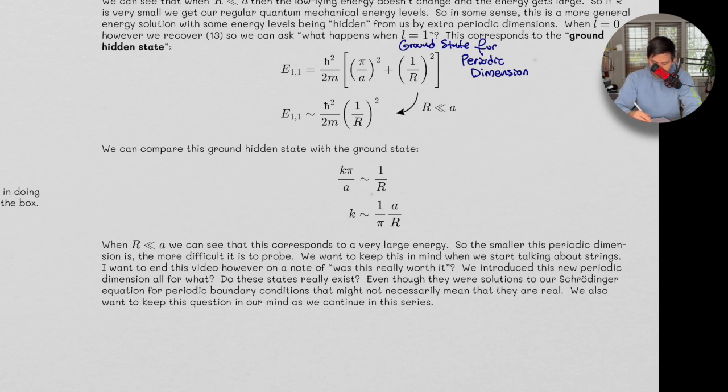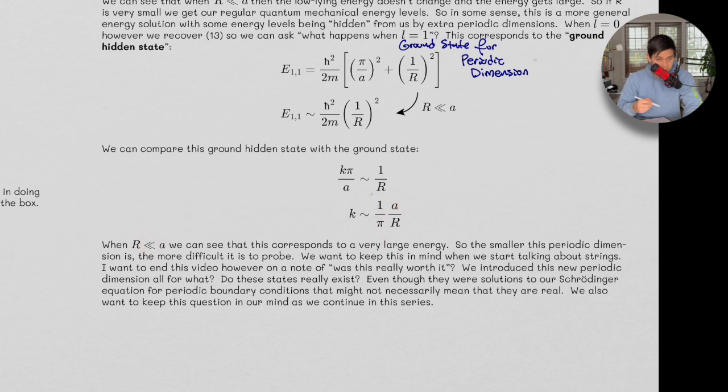And we have pi over A. So K pi over A. And then our ground state, when we include our periodic dimension, is going to be approximately 1 over R squared. And so we can compare this K pi over A to 1 over R. And so we get that K is approximately equal to 1 over pi times A over R.